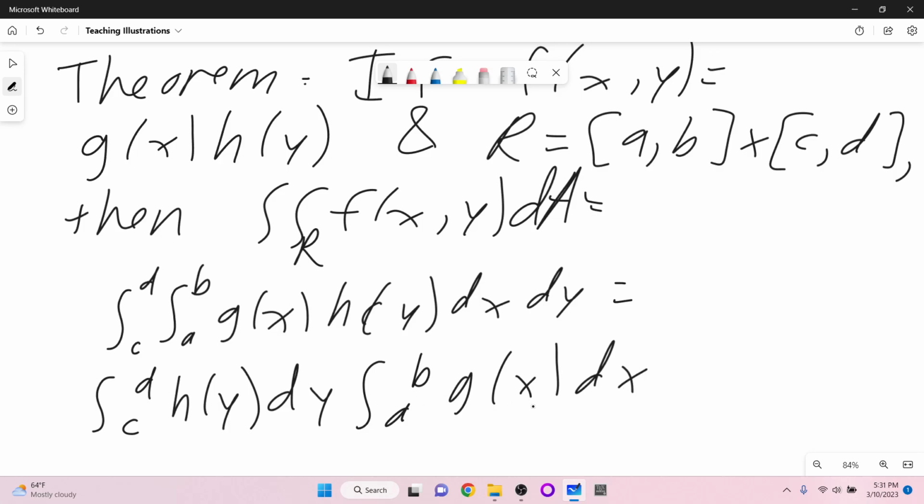Or you can write them in the other order. The point is that if you can factor these so that one factor only has x and the other factor only has y, then you can just split into two separate integrals and multiply them. And that can often make it easier because you don't have to worry about, oh, is this a constant or is this a constant kind of thing.